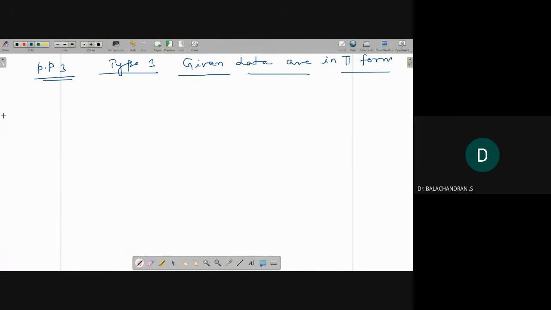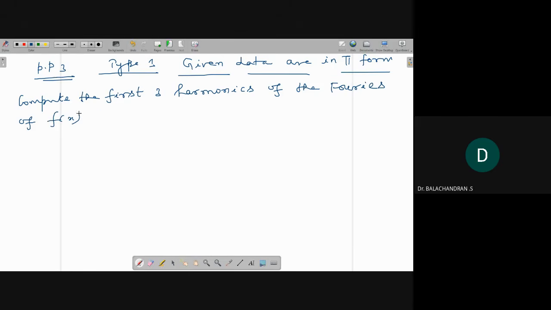Compute the first three harmonics of the Fourier series of f of x from the given data.